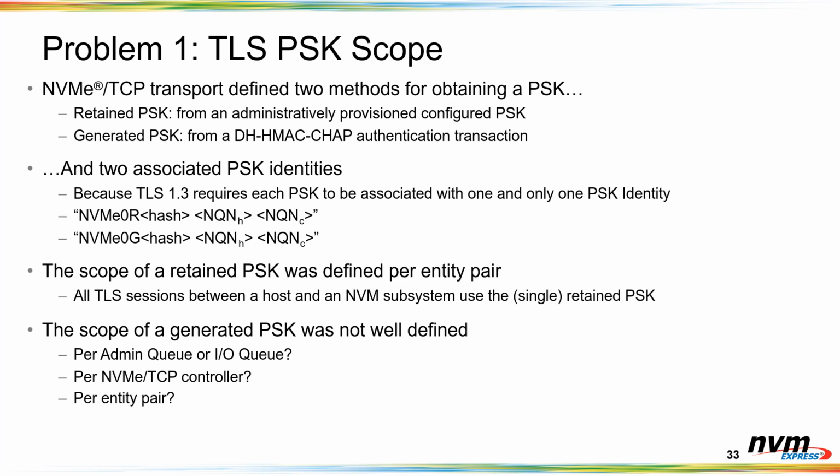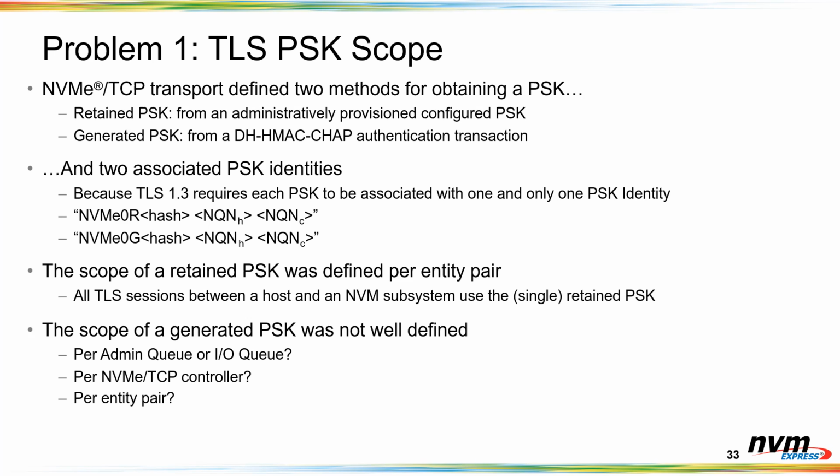And if it is per queue, in a sense, things can work, because for every queue in NVMe TCP, we have a different TCP connection. And so now the TCP connection can be used to disambiguate if I have multiple generated PSKs between a host and a controller. And then we say, well, we can reuse what we generated on the admin queue on the IO queues. And now we are beginning to share the PSKs. And what is the problem?